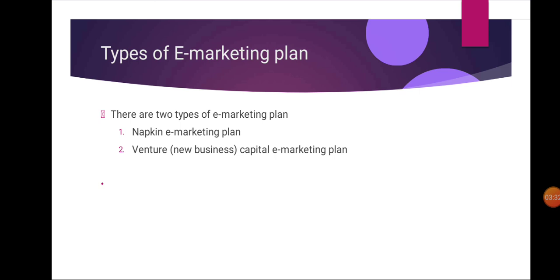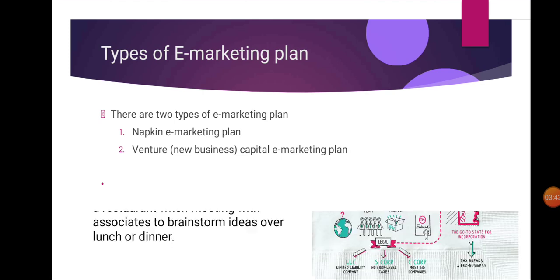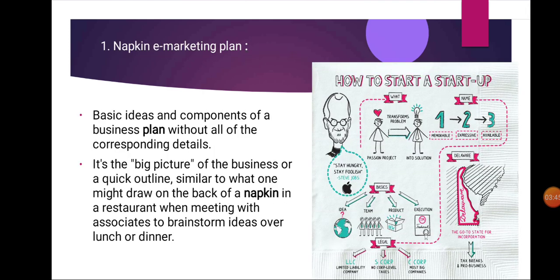There are two types of planning in e-marketing. One is called the napkin e-marketing plan, and another is called the venture capital e-marketing plan. What exactly is the napkin e-marketing plan? Basically, when you're sitting with your friends in a coffee shop and you take a paper and discuss, let's start something, let's look for a startup.